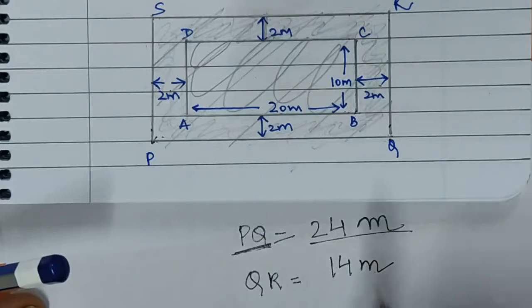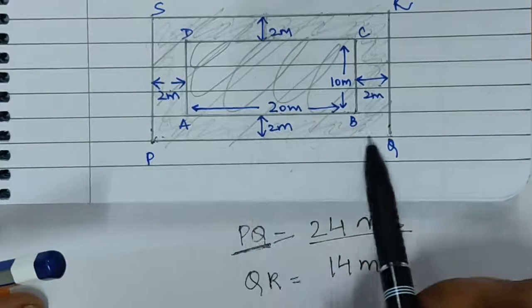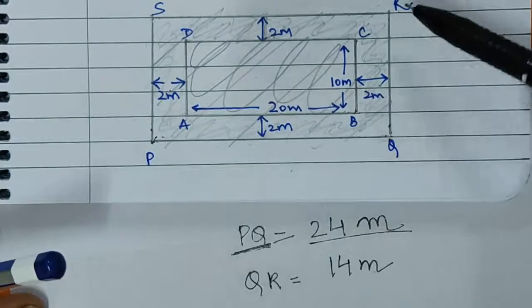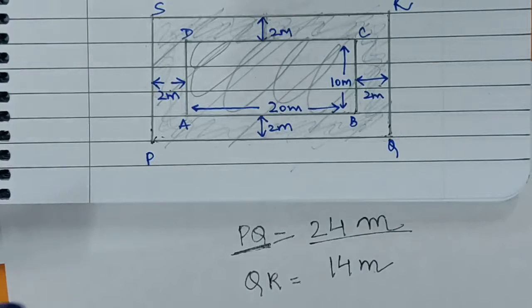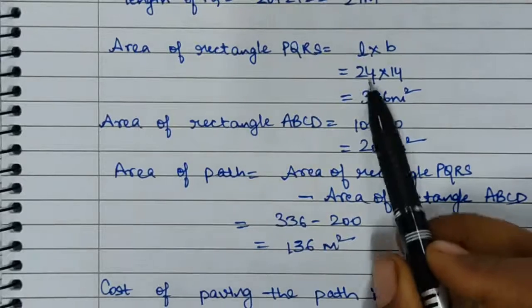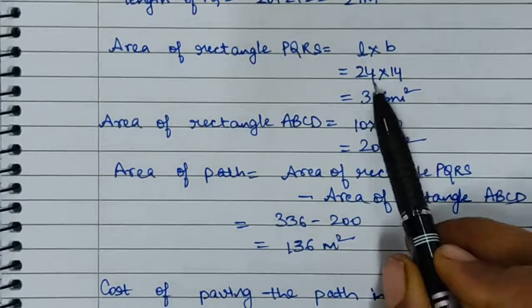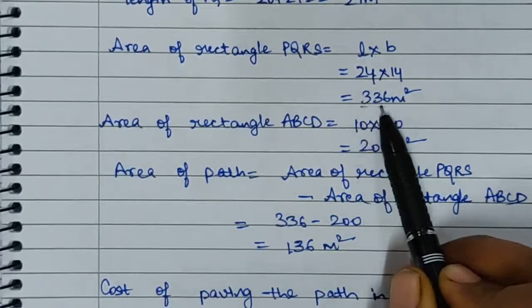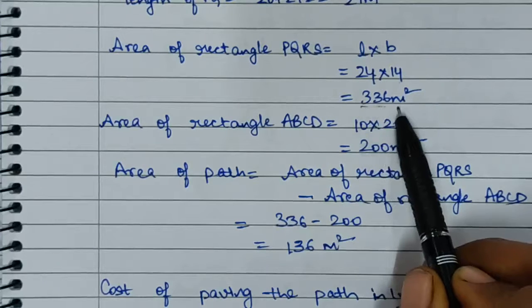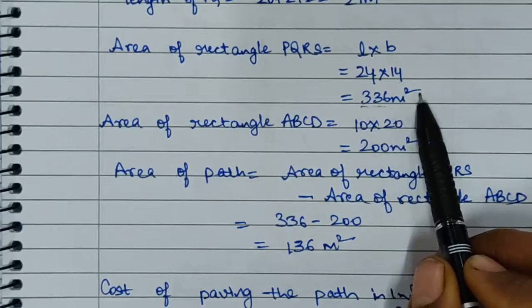Clear? Now we got the length of this rectangle and breadth of this rectangle. So we can find out its area. So area of rectangle PQRS will be length into breadth, that is 24 into 14 gives us 336 meters square.